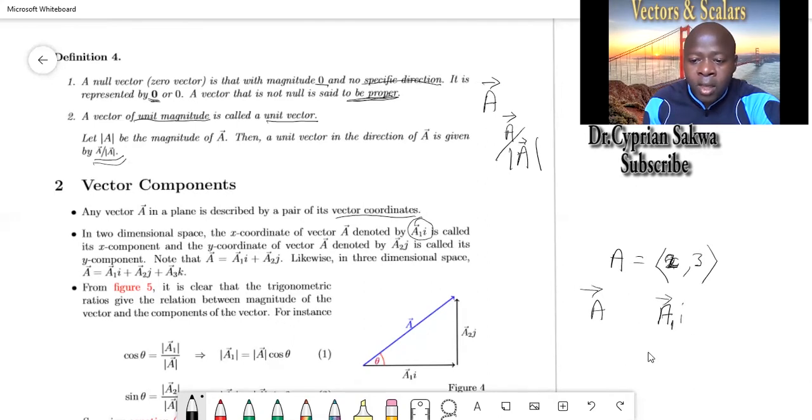And I'll denote the y-coordinate of vector A as A2j. That's how I want to denote the x-coordinate and the y-coordinate. For example, in this A, this is my x-coordinate and this is my y-coordinate.